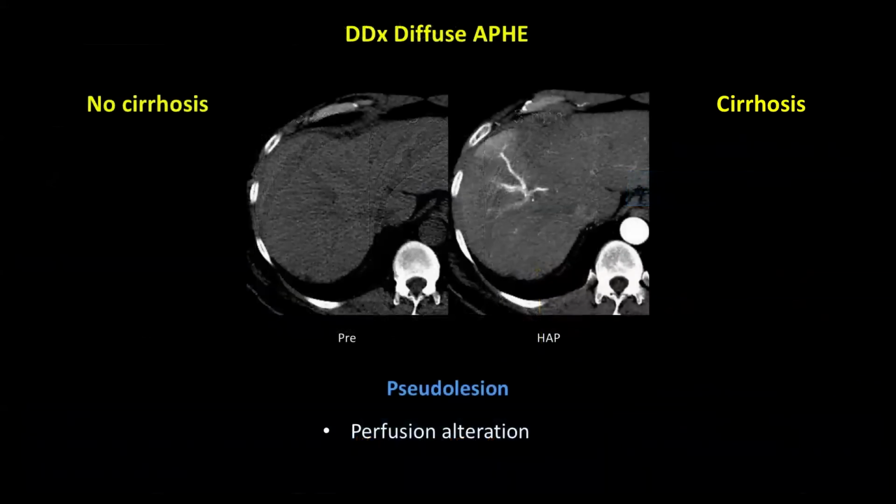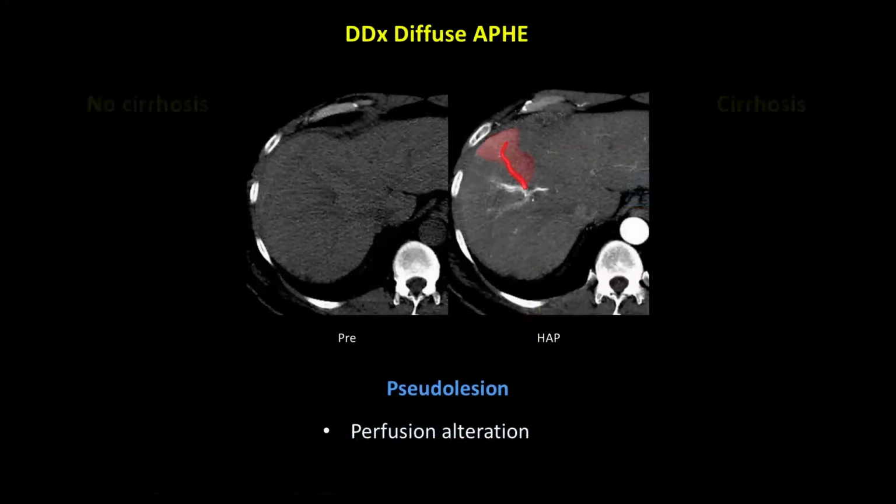Okay, and then finally, we have these pseudo lesions, which are so-called perfusion alterations that can also have diffuse APHE, but pseudo lesions are not true masses. So how can we tell? Well, first of all, let me point out the lesion over here. The lesion is here. And notice, first of all, that this lesion is somewhat wedge-shaped. Notice that this lesion doesn't look round. And also notice that within this lesion, there's a blood vessel that goes undistorted into it.